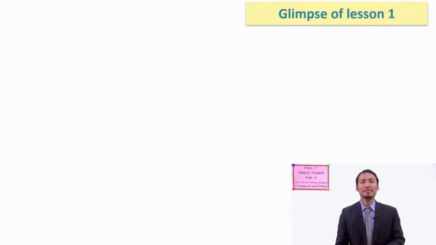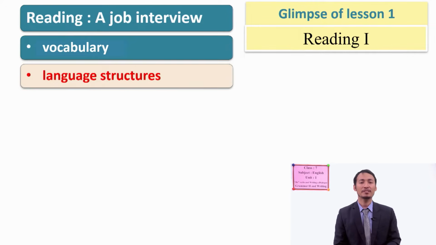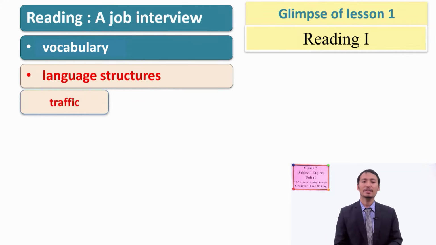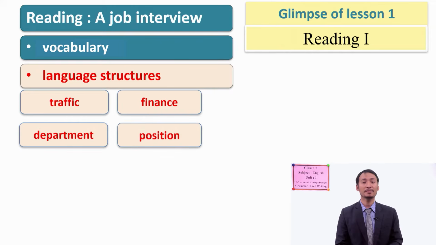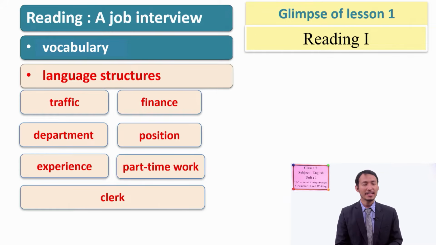Okay students, let's begin with some glimpses of the previous lesson. In the previous first lesson we talked about a reading exercise about a job interview, and we talked about vocabulary and language structures, about introducing others, and we learned words like traffic, finance, department, position, and we talked about experience, part-time and clerk in the reading section.